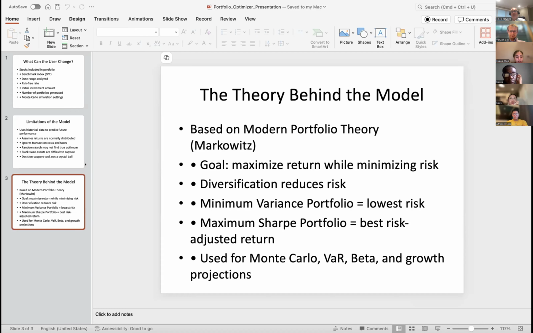So the model gives a portfolio framework. Any questions?